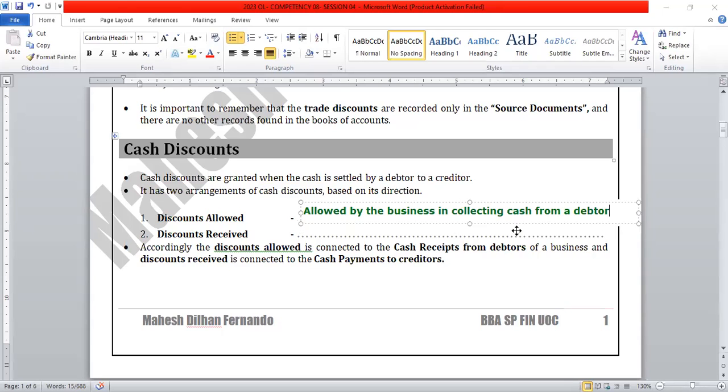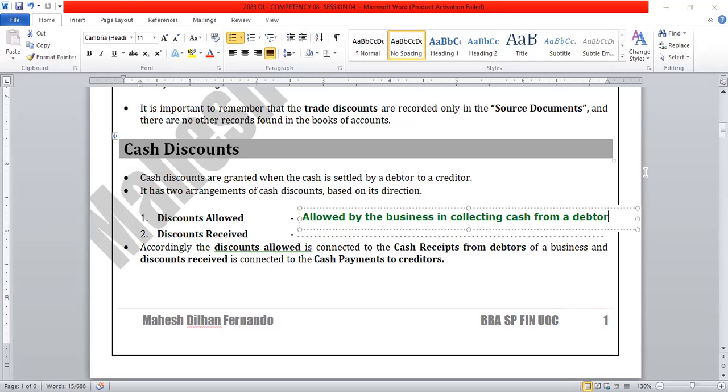That is what you mean by discounts allowed. Discounts allowed is a discount which is given by the business, or allowed by the business in collecting cash from a debtor.